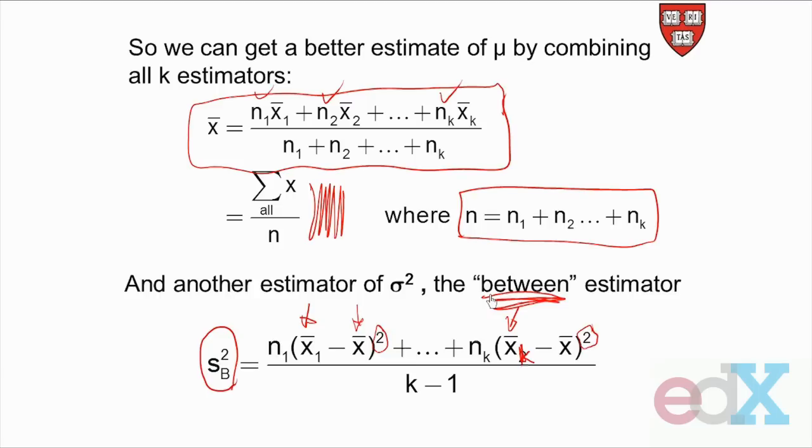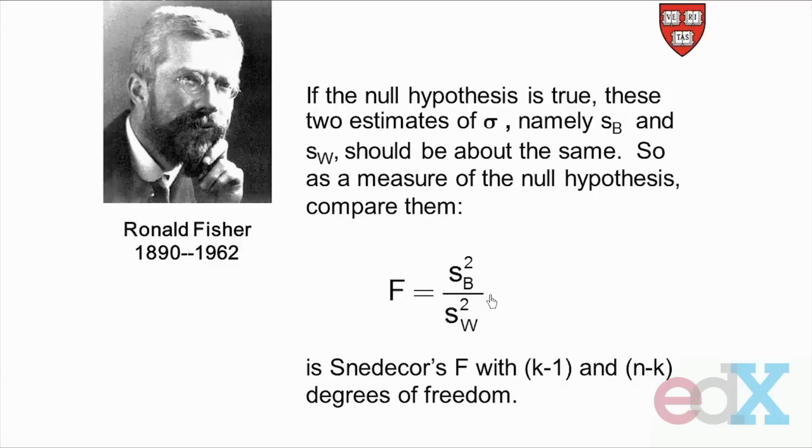And the genius of this all now is just to compare those two. To compare the between and the within, we call them sums of squares. So compare the between and the within estimators of the variance. Mean squared error, actually.